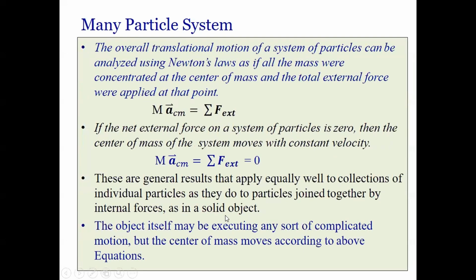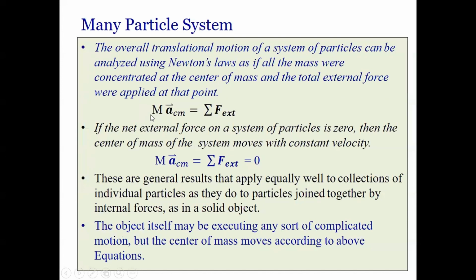So the overall translational motion of the system of particles can be analyzed using Newton's laws as if the mass of the whole system is concentrated at the center of mass and the external forces are applied at that point.